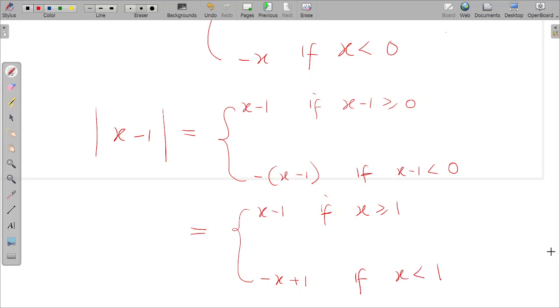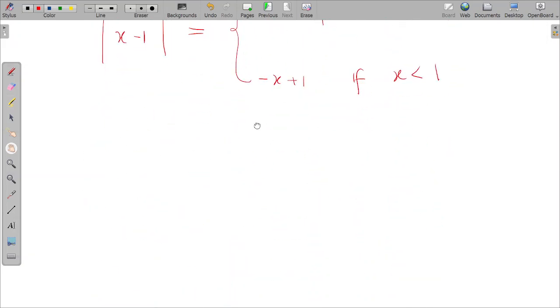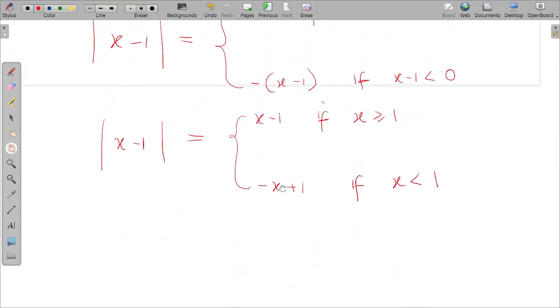So that is the definition of absolute value. It takes the positive and it takes the negative one, depending on the value of our x.